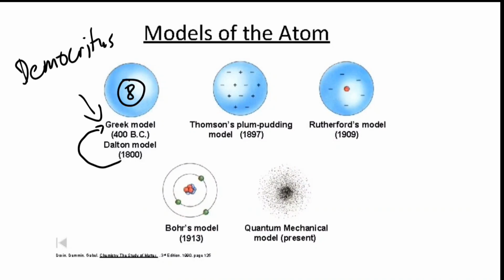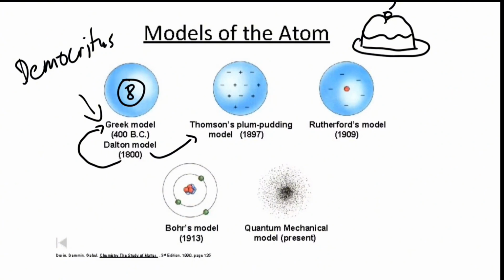Now, in 1897, building on the idea of Dalton, Thomson came up with the idea of a plum pudding. If you observe a plum pudding, allow me to illustrate that. For example, this is the plum pudding. Here's a plate, and then you've got the cherry on top, and you've got the glaze.